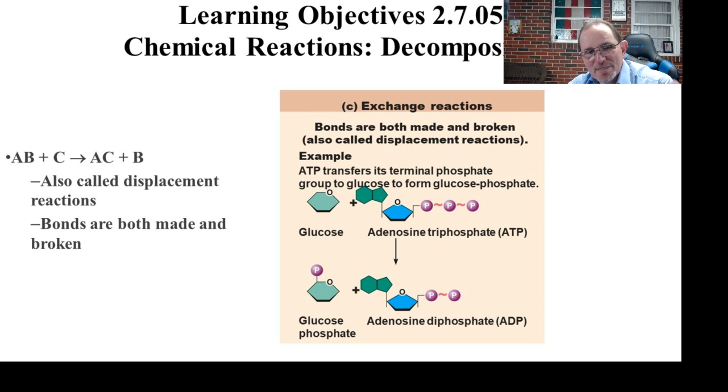Well, it's going to be used when we actually turn this into energy, but also, phosphate groups are charged, and since it's charged, it's going to keep this guy from floating out of the cell. So exchange reaction, displacement, you both make bonds and break bonds. So we break the bond between A and B, and then we make a bond between A and C.